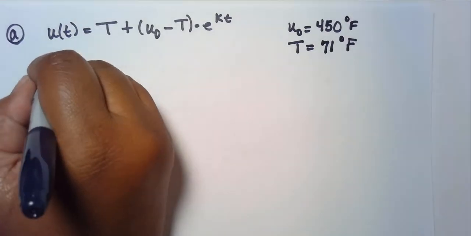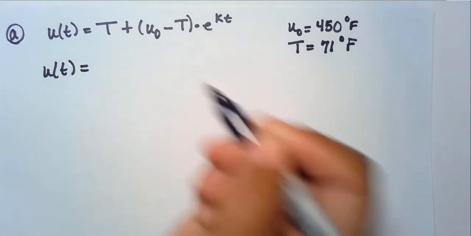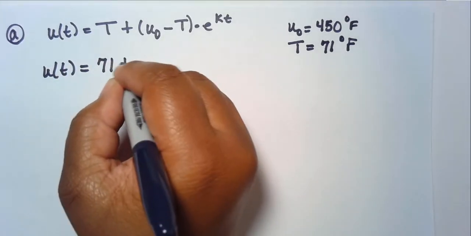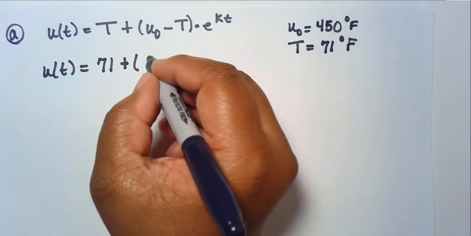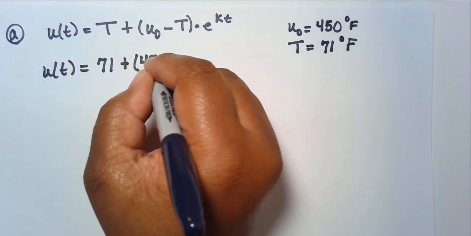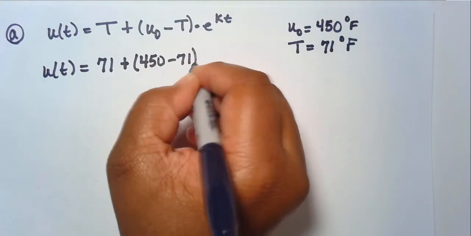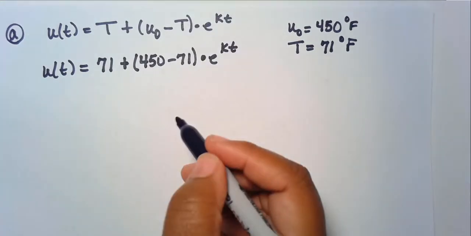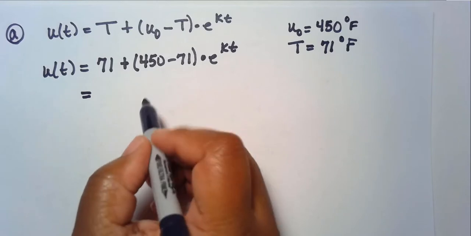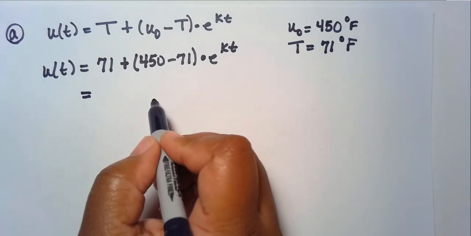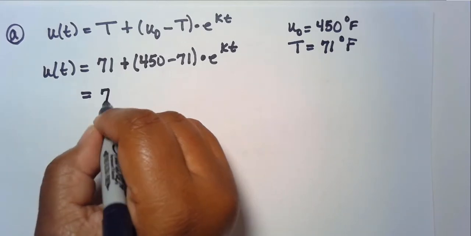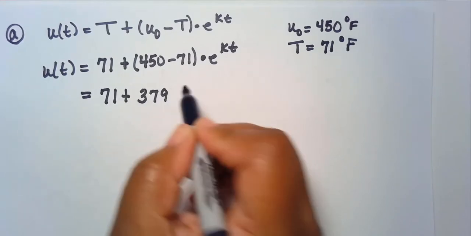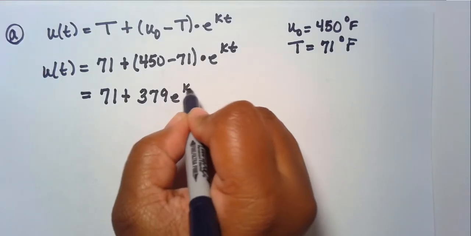So we have U of t is equal to 71 degrees plus 450 degrees minus 71 times e raised to the kt power. And let's subtract 450 and 71. So we have 71 plus 379 times e to the kt.